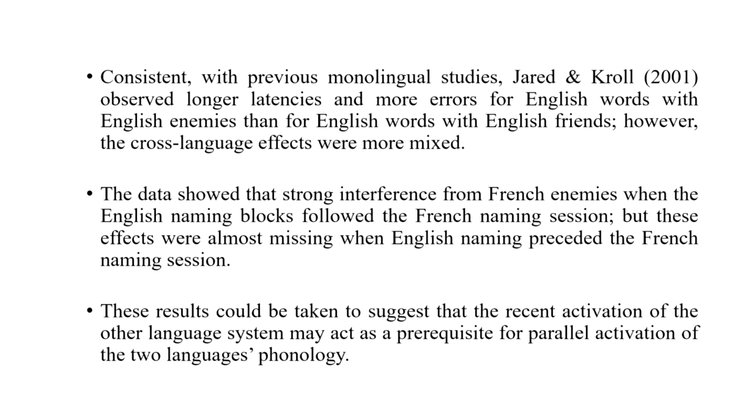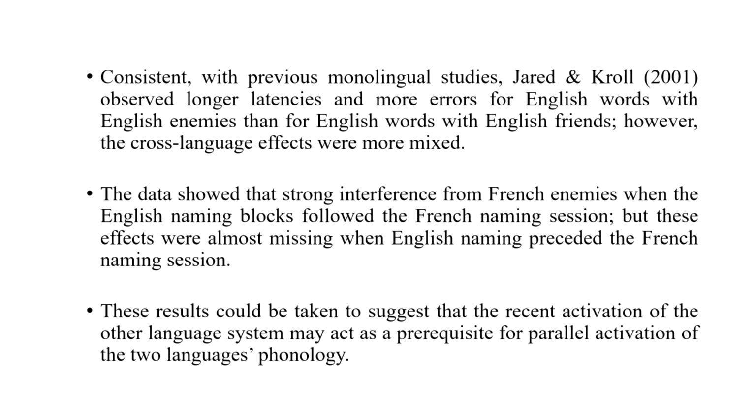The data showed strong interference from French enemies when the English naming blocks followed the French naming blocks. Remember, they had used a French filler naming block, but these effects were not found when the English naming preceded the French naming session. So when they were just naming in English without any activation of French, there was no cross-language interference found.